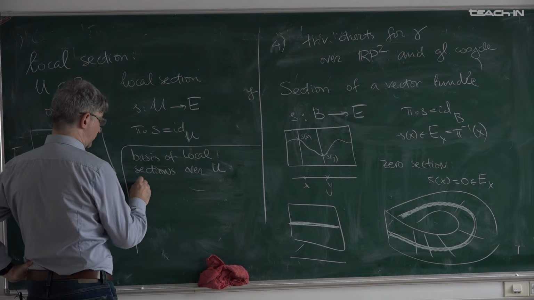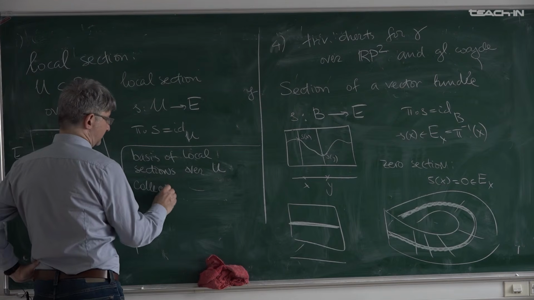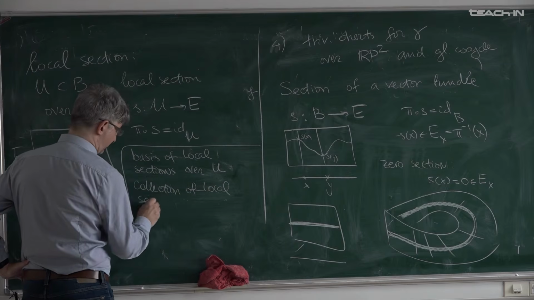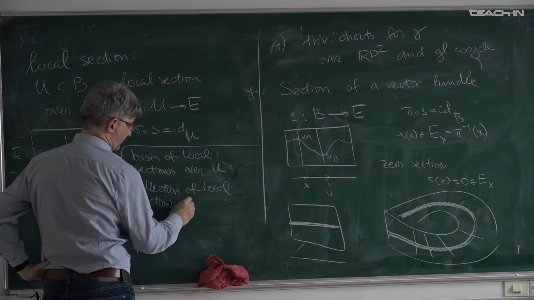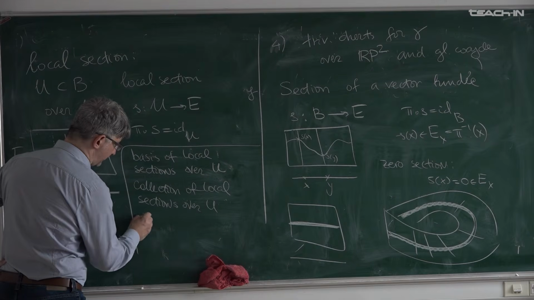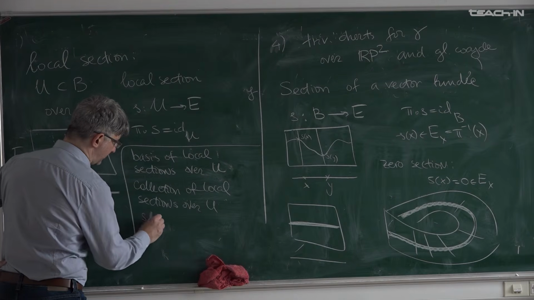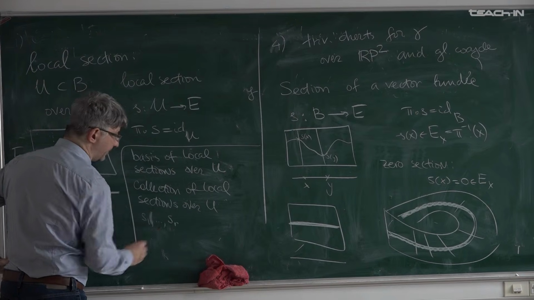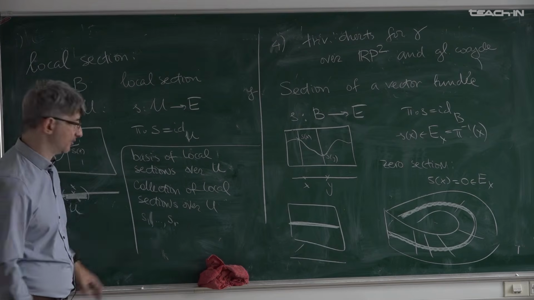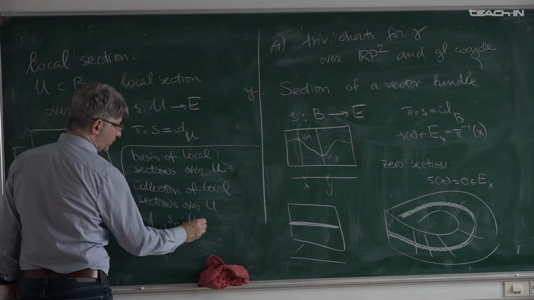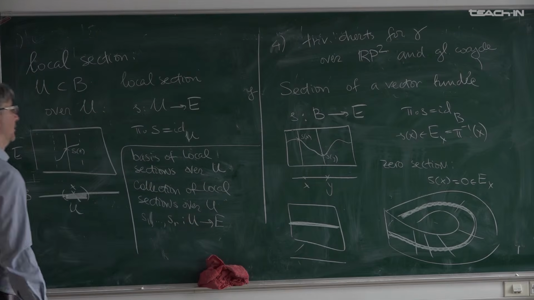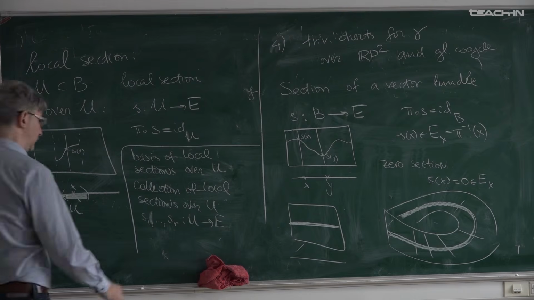It's a collection of sections S1, blah blah blah, SR. The dimension of the fiber is R. That's why we have exactly R sections. All of them are defined over U, and they're sections of the total space E.